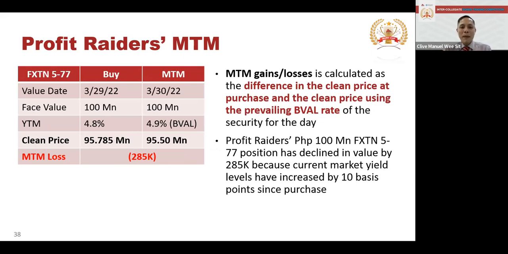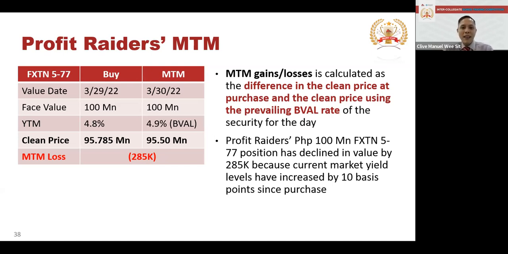So what is going to happen now is the next day, March 30, at the end of the day, profit traders' 100 million 5-77 position will be marked against the market. Mark to market again is trying to determine the current market value of that bond, assuming you decided to sell it that day. You're just computing for paper gains or losses.